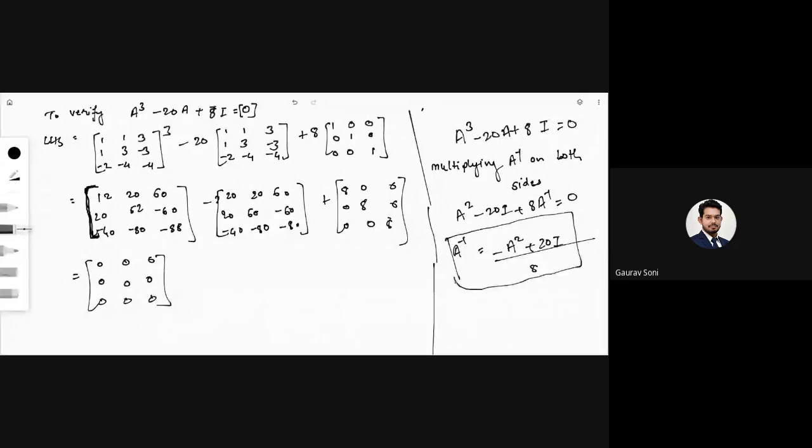If it is an MCQ, the equation will be asked, or else in a theory question you can put the values and find the inverse also. Clear? So I will go to the next example now.